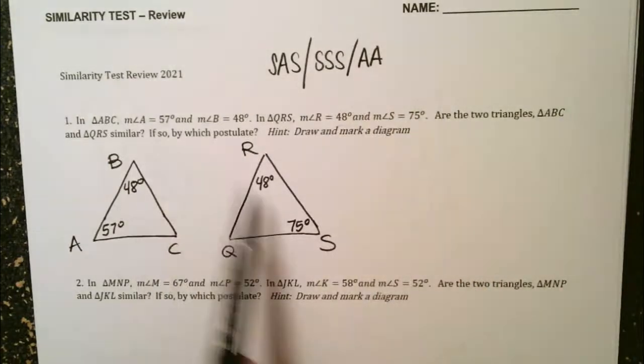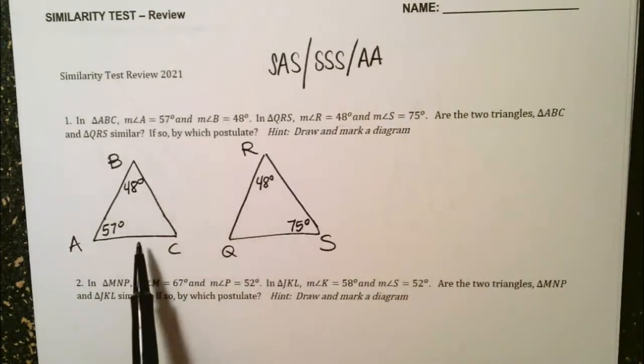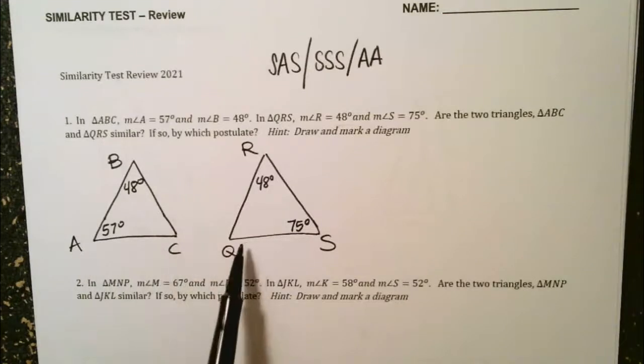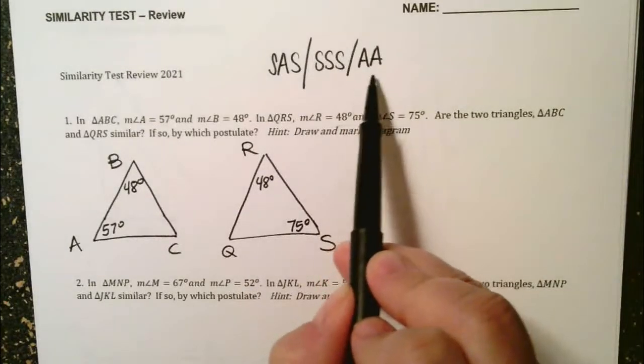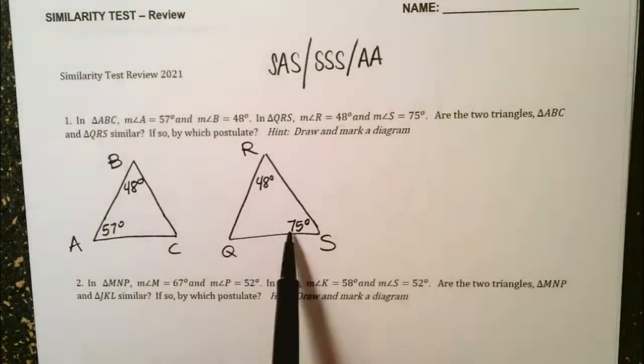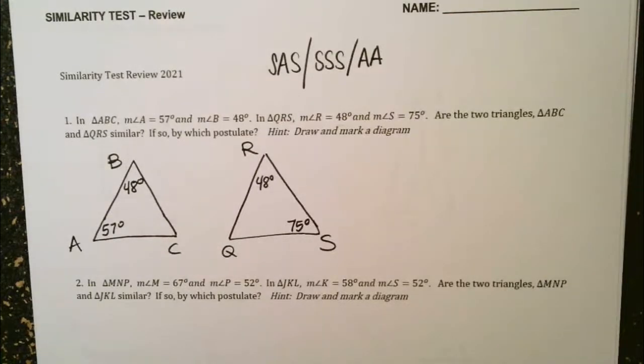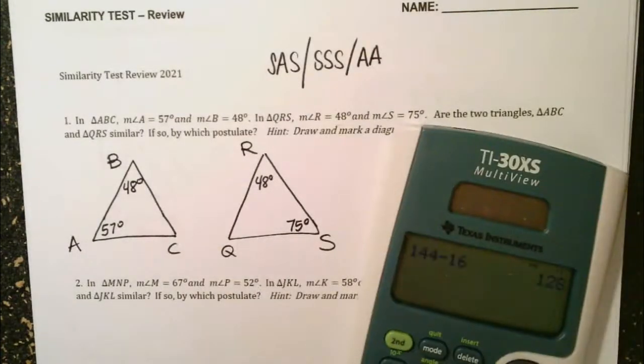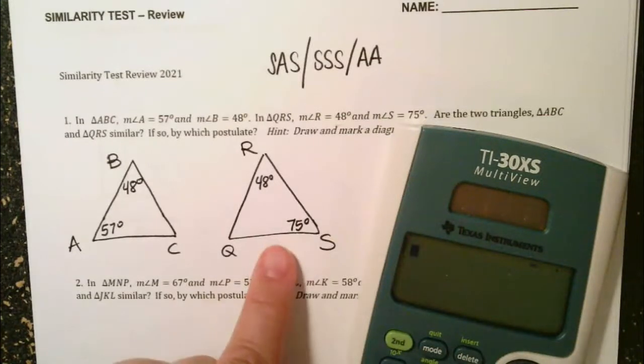So here, I don't know anything about any sides at all. So when I look at this and I say, well, there's nothing about any side lengths, I can't possibly compare to see if the sides are proportional. So I'm going to be going for this. I'm going to be wondering if maybe I can prove AA. Well, I have two angles in each triangle, and no, those two angles don't look congruent, but there's a missing angle in each triangle. So what if I find one of the missing angles, and it really doesn't matter which one? How about this one over here?